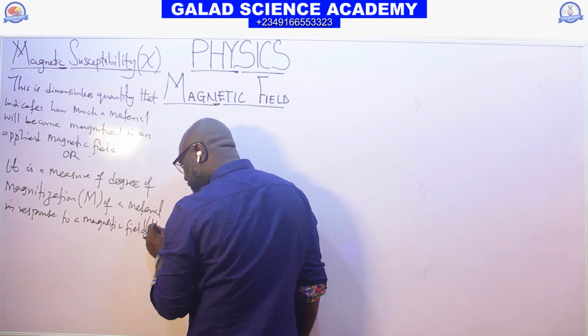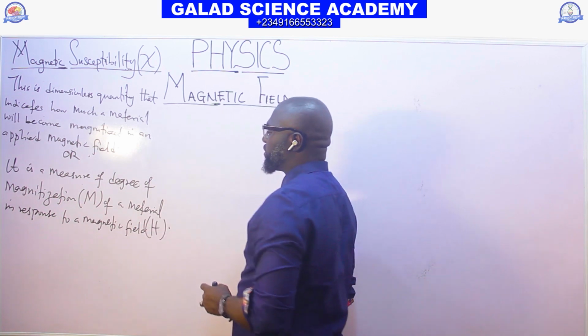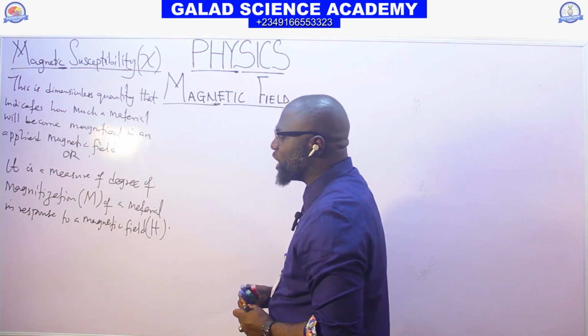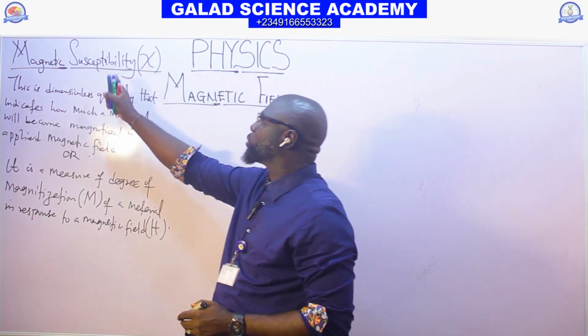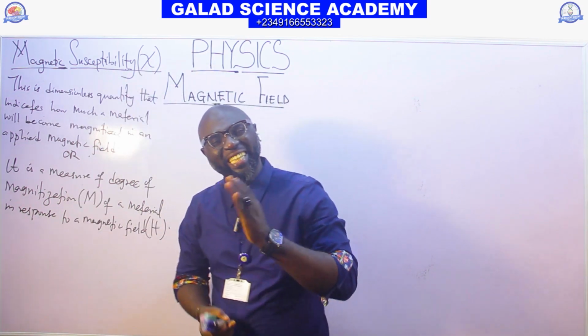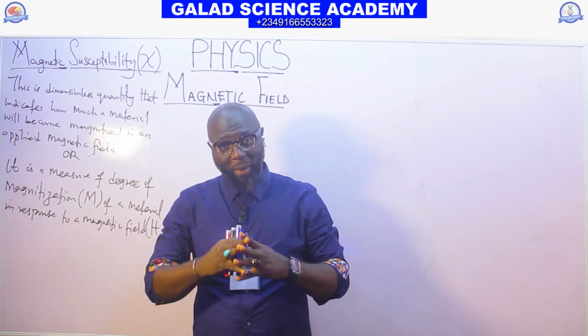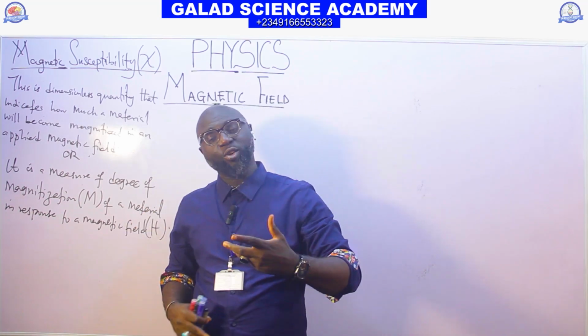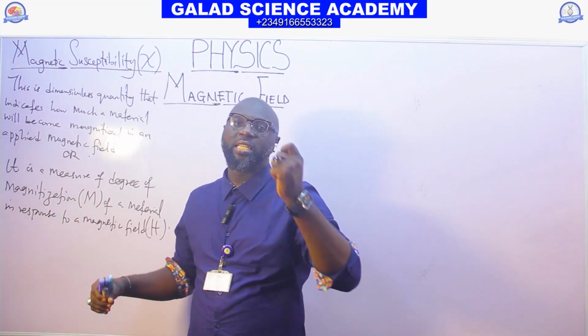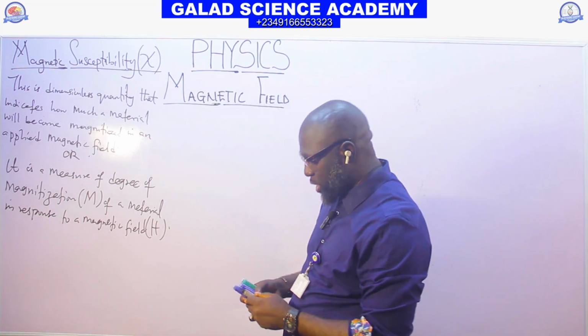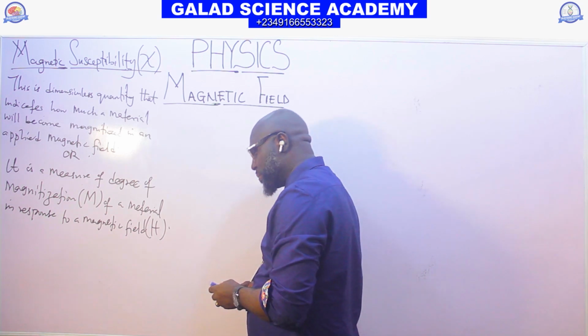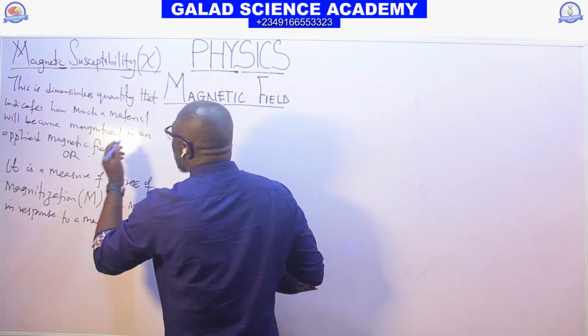The magnetic field or magnetic strength, we use H. So this magnetic susceptibility just measures the degree of magnetization or magnetism of a material in the presence of an applied magnetic field.